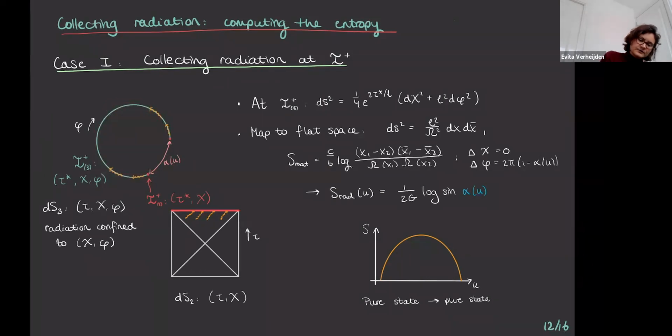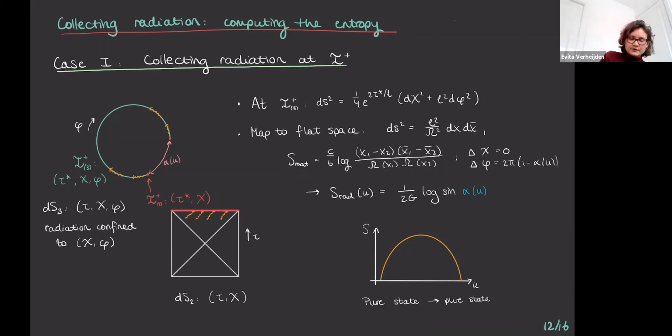So what we're going to do is we're going to say at scri plus, the metric reduces. So at this tau time coordinate going to infinity, the metric reduces to this 2-dimensional metric. We're going to map it as well equivalent to flat space. And then we can use our flat space knowledge about CFTs in 2 dimensions to compute this interval entropy.